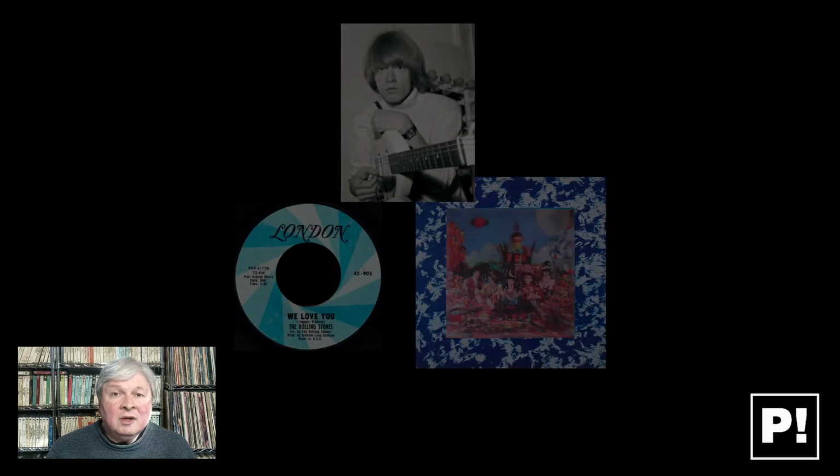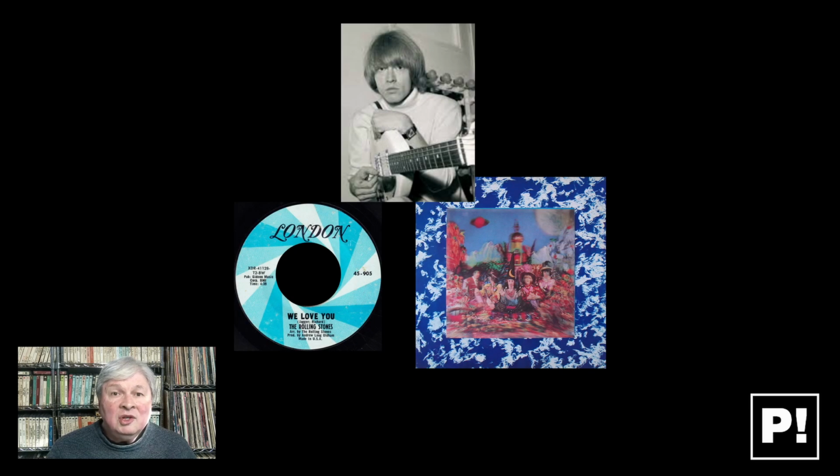In addition to Argent and the Zombies, the Beatles' use of the Mellotron also influenced the Rolling Stones, in particular, Brian Jones. Brian Jones and the Stones in general were friends with the Beatles. They socialized regularly on the scene in London.